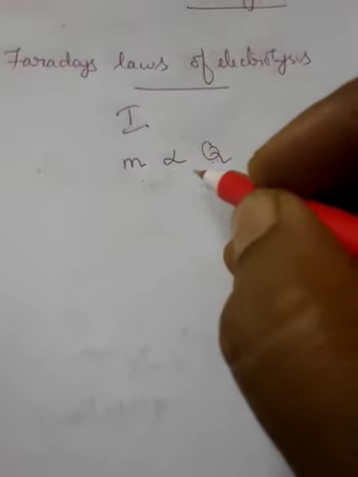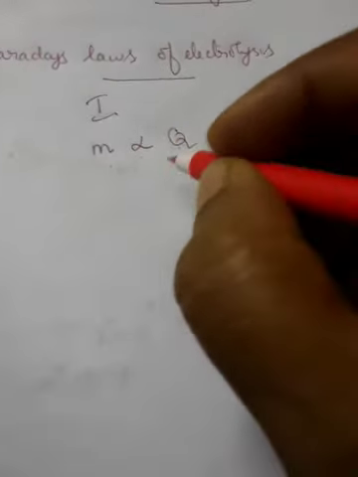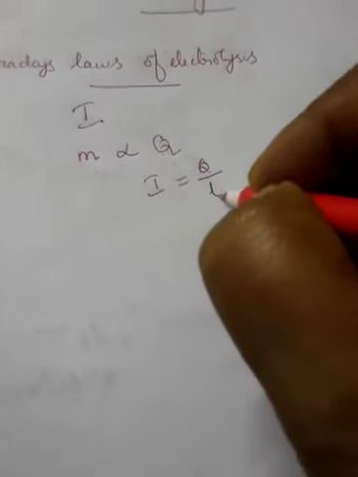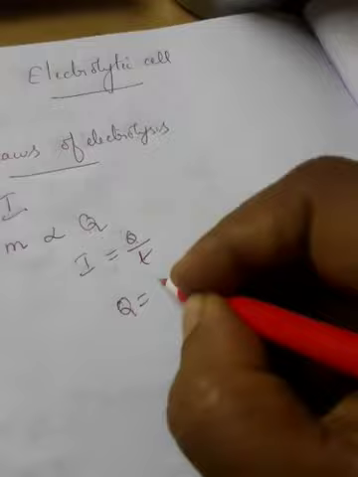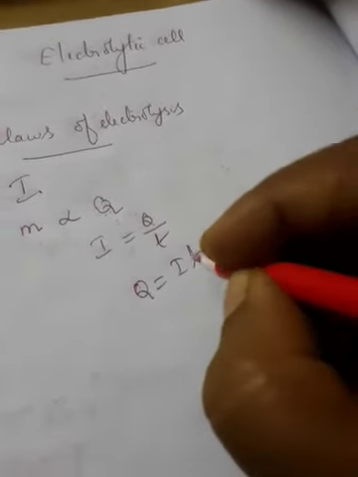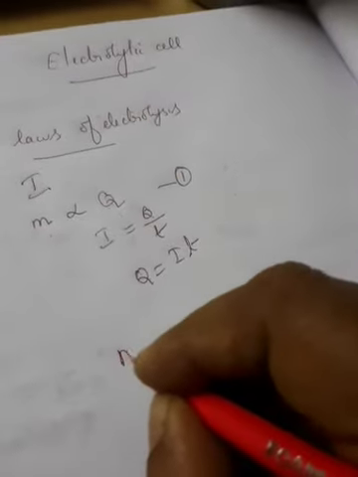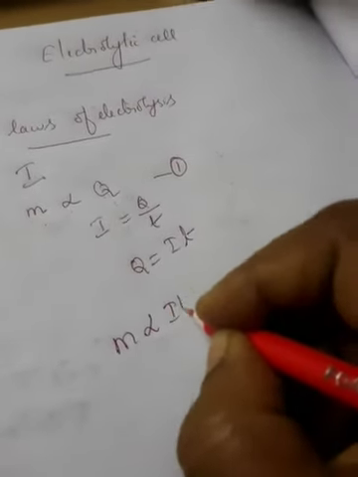We know that the charge is related to the current, that is, I is equal to Q by T, that is, Q is equal to I into T. Substitute in equation 1, that is, M proportional to IT.